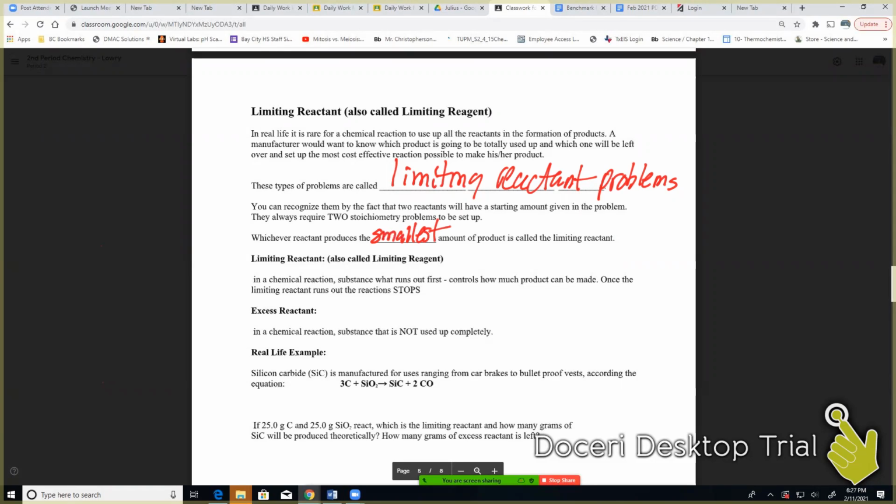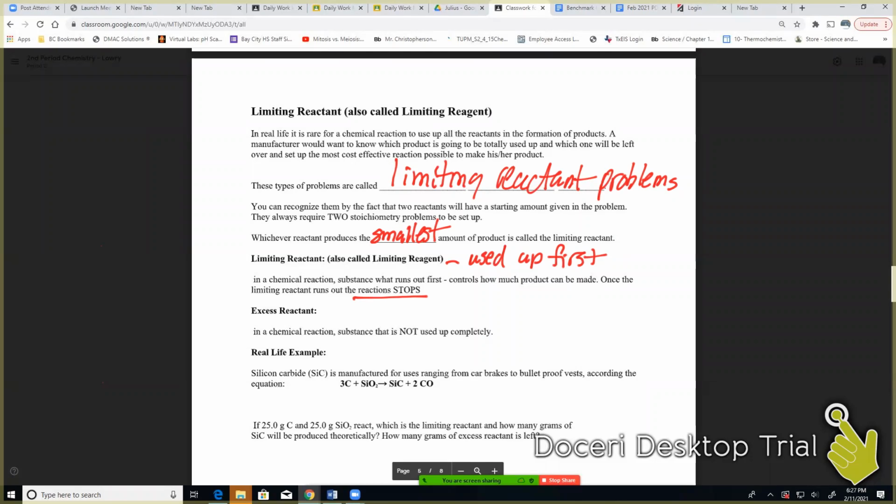The limiting reactant is the reactant that is used up first. Because of that, it's the one that controls how much product is made. Once it's used up, the reaction stops. That leaves your other reactant being the excess reactant, meaning that there's some of that left over. It's not completely used up.